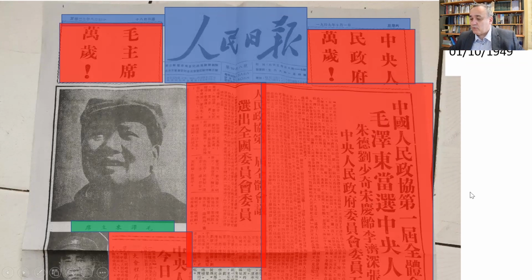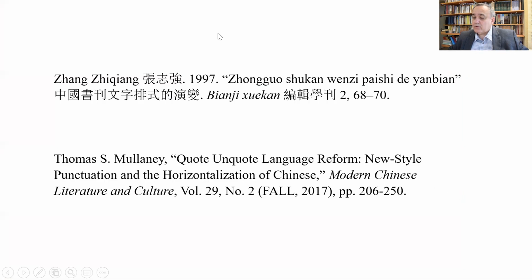This is not unusual in 20th century China, and even today, especially in advertisements and also in newspapers or magazines. It's very common to see Chinese text oriented in at least two or three different ways. Looking at the sources, there hasn't been a lot of research on this phenomenon, which is quite surprising, because people have studied, for example, the history of Chinese punctuation or the history of the Chinese switch to vernacular writing.